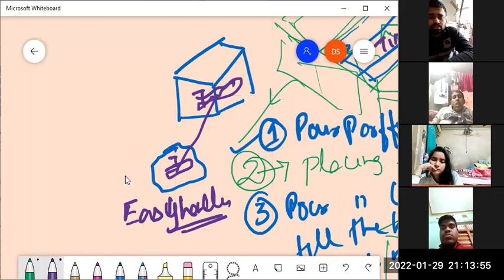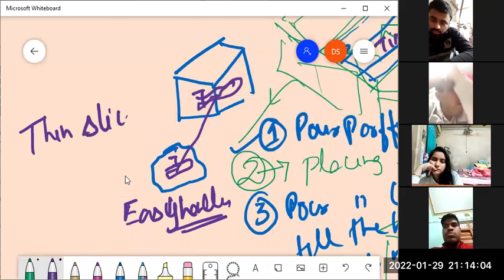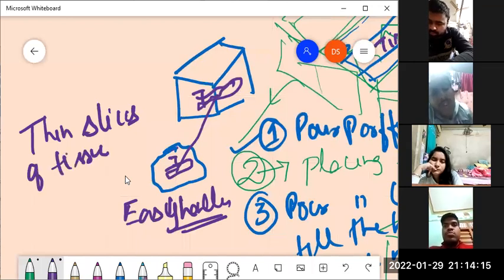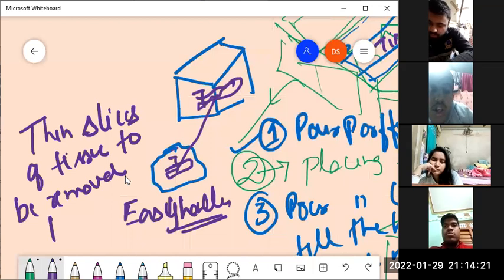And the function of sectioning is to bring out thin slices of tissue to be removed from this block.